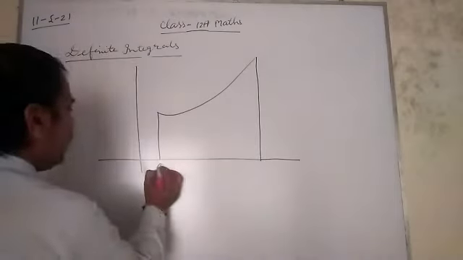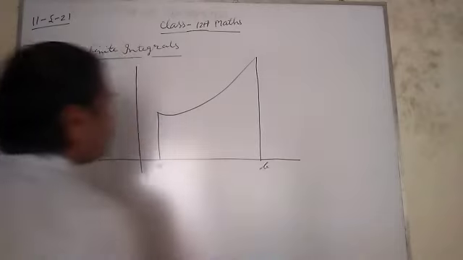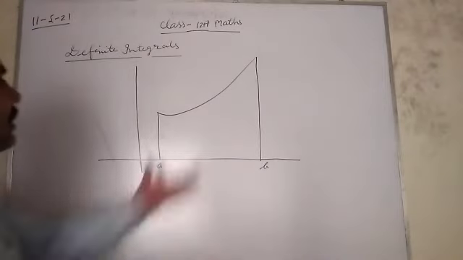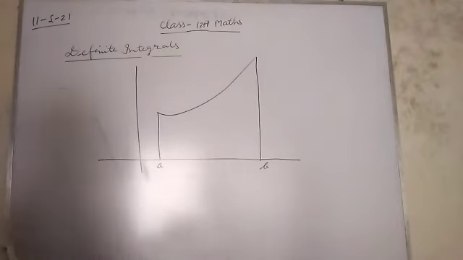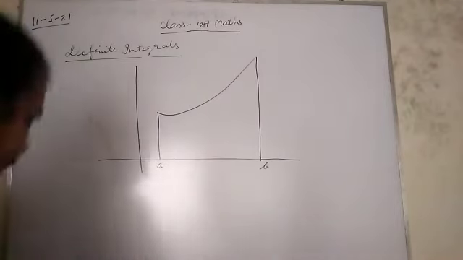So this is a and this is b, and this region we have to divide into n small equal parts.